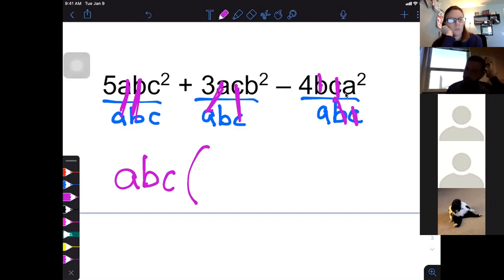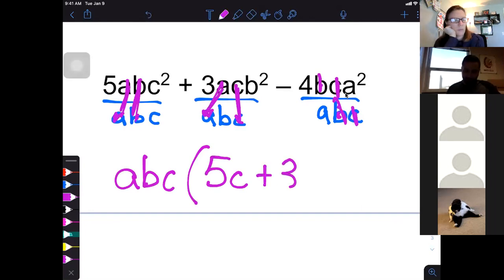So this one's a little goofy because it doesn't go in order. So what's left over in the first term is a 5, and then you have a C squared over C, which we know gives us C. And then you're left with a 3, and then you have a B squared over B, which just leaves us with 1B. And then you have a -4, and then you have A squared over A, which just leaves us with A to the first.